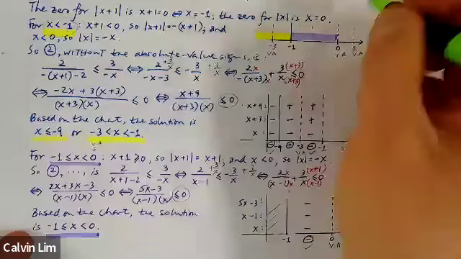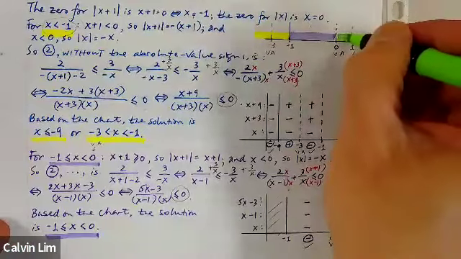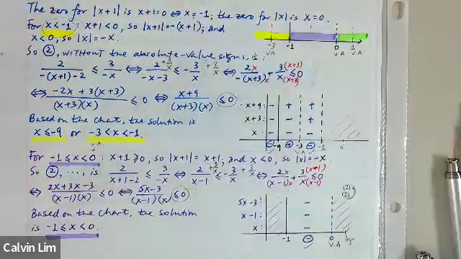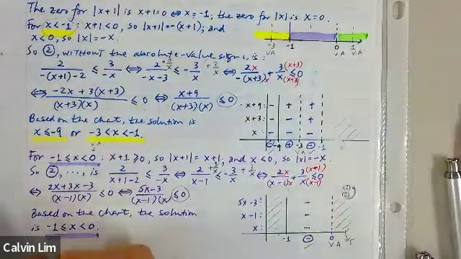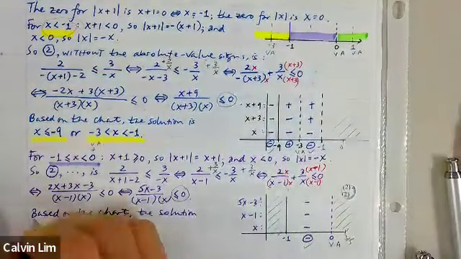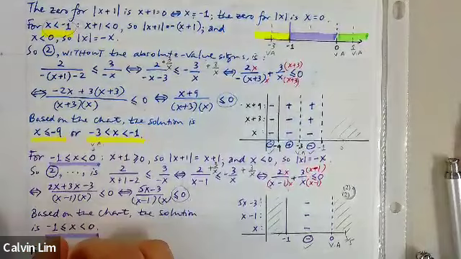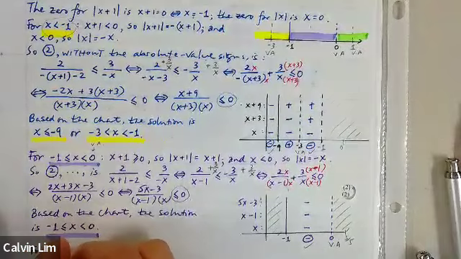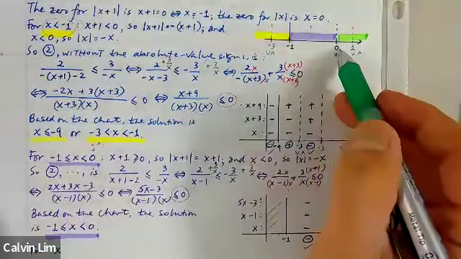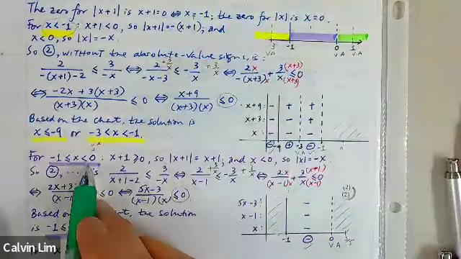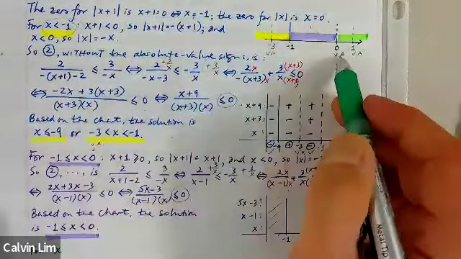Part 3, well, the third region here. For x, do we include the 0? We haven't included it, but we're not going to because this is a VA, right?